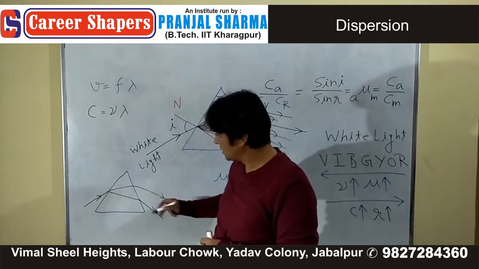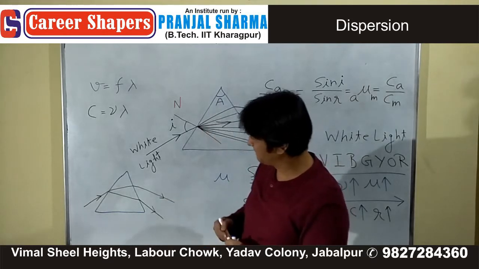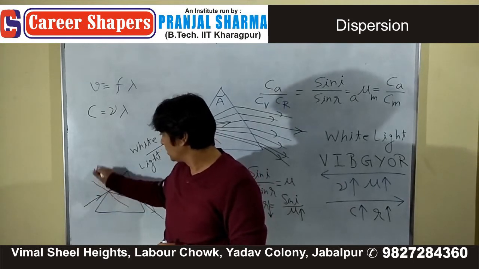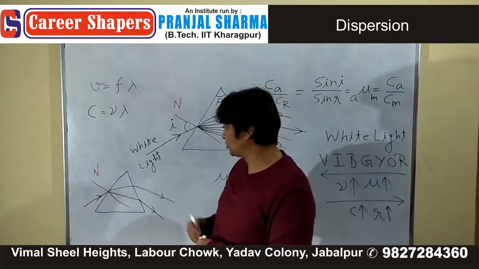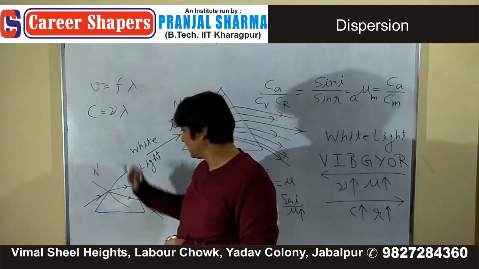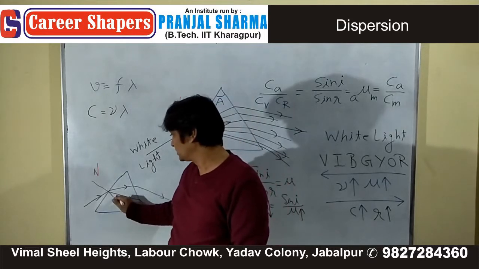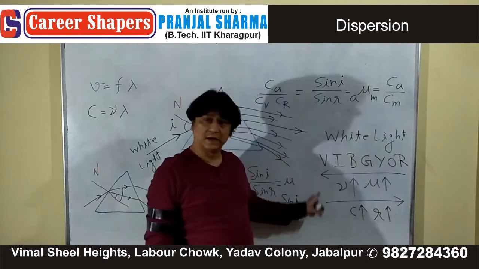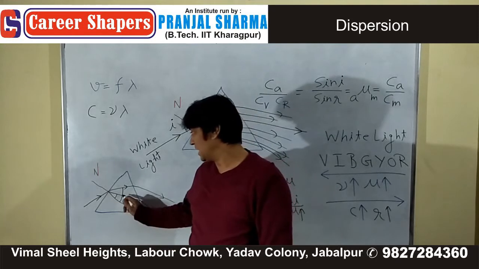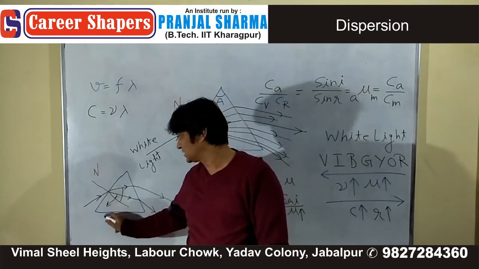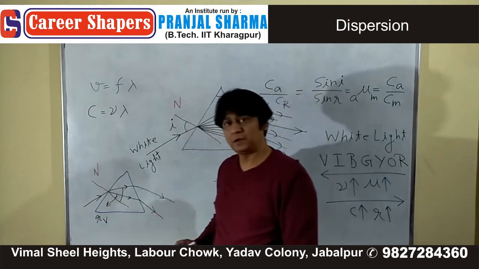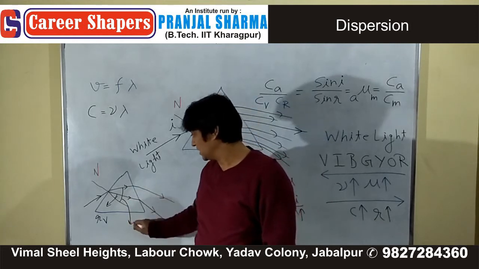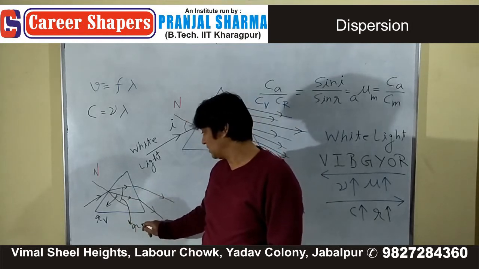That's the normal. Now, what is the angle of refraction? Angle of refraction is the angle which these refracted rays make with the normal. This and this. Now, we know that R for violet is the minimum and therefore it represents RV. R for the red color is maximum and therefore this one is R for the red color.